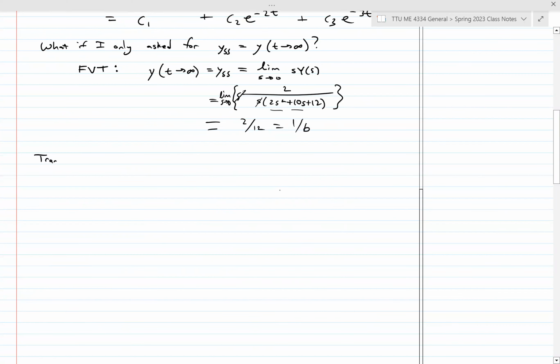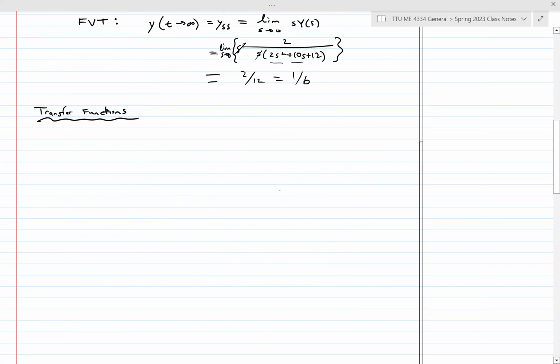So transfer functions. That's what our main focus is going to be for today. So let's look at three types of models for dynamic systems.